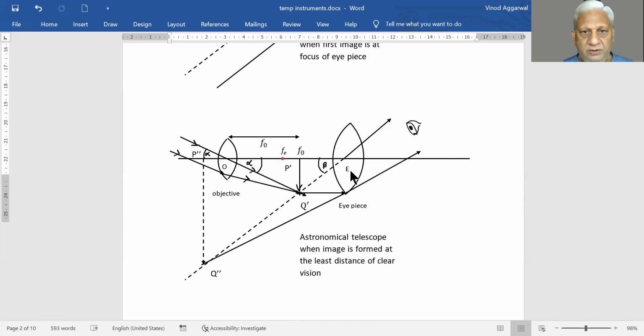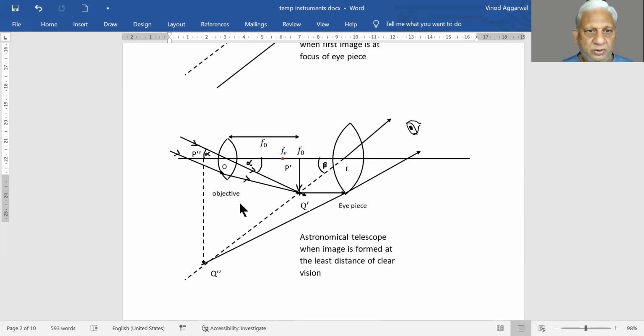The focal point of this eyepiece is here, but we are slightly inside it, so that these rays will not be parallel, and the image will not be formed at infinity, but much before that. It is formed at this place. The image is erect as compared to this, and it is virtual.